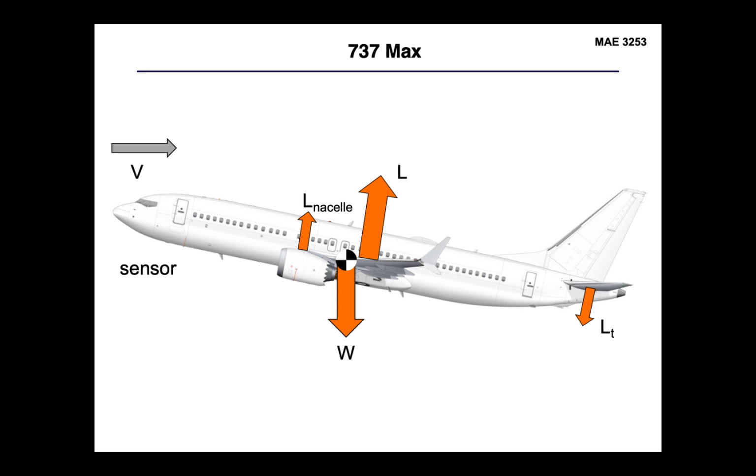It would take information from sensors, airspeed sensors and angle of attack sensors in the nose, send that to the control system, which would then override commands from the pilot in order to be able to keep the aircraft stable during these high angle of attack maneuvers. And we'll come back and talk about this a little bit more when we talk about design of the control systems and control surfaces on the aircraft.